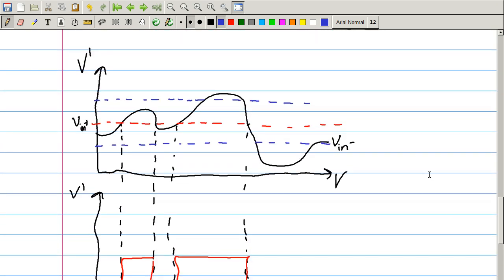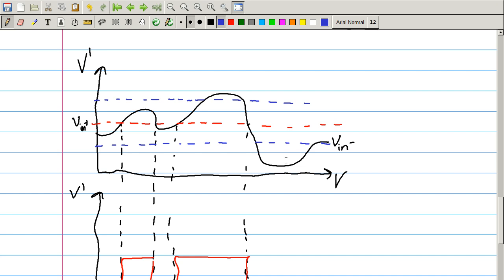Remember, with the hysteresis, it's only going to change from one state to the other depending on its past state. Remember that definition? Dependence of a system not only on its current environment, the relation of the graph to this line, but also its past environment, whether it was already at a high state or a low state.